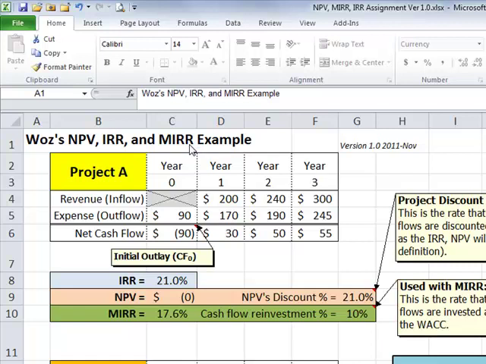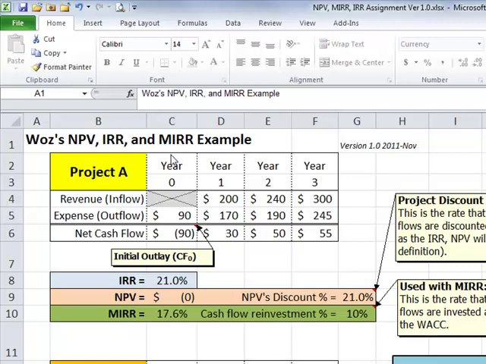So MIRR is used to compensate for the reinvestment risk. Again, for our course, I'm most concerned that you can use the NPV and IRR functions correctly in Excel.